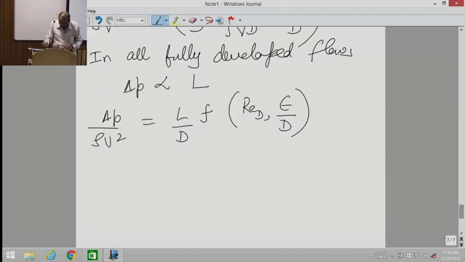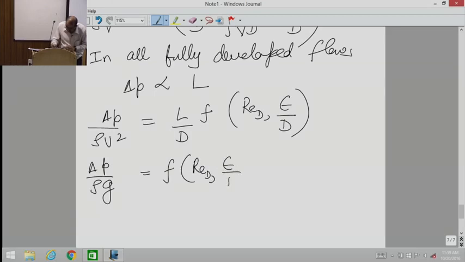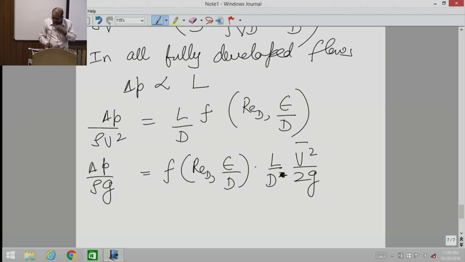Now, if I work out delta P upon rho G, this will be a function of... If I rework this, I divide both sides by L by D and take the rho V square to the other side.